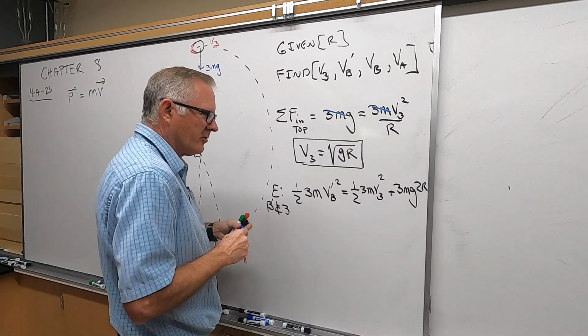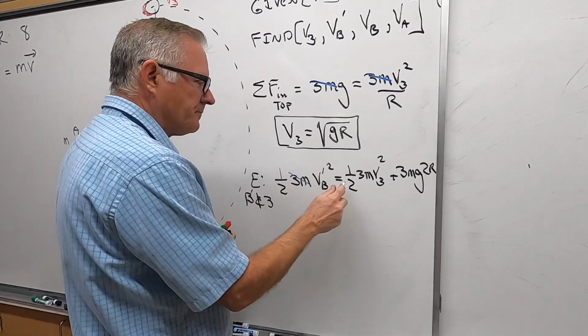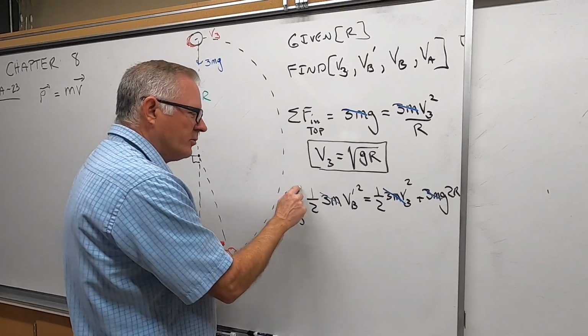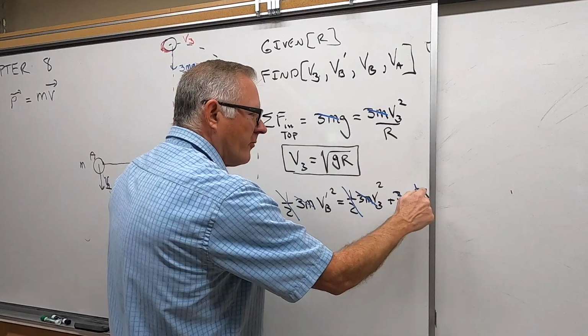First, let's cancel the 3m's. Let's multiply by 2, so that becomes a 4.